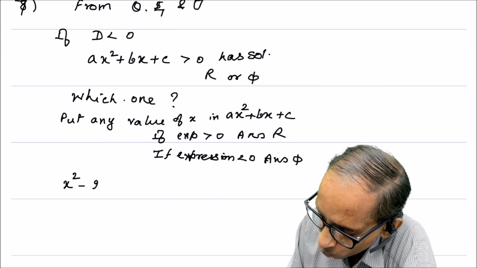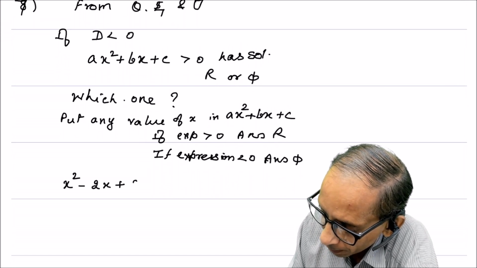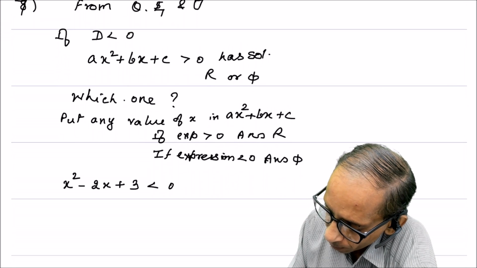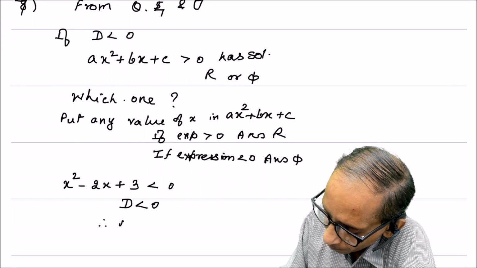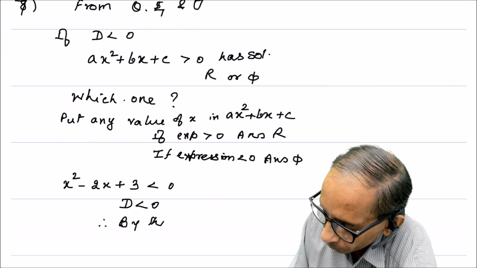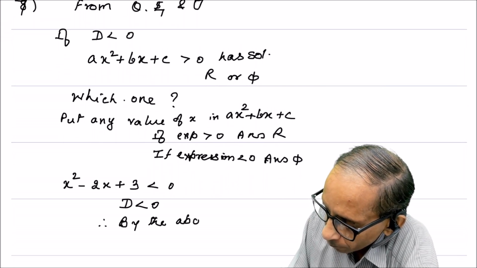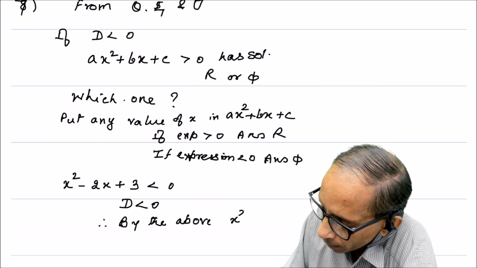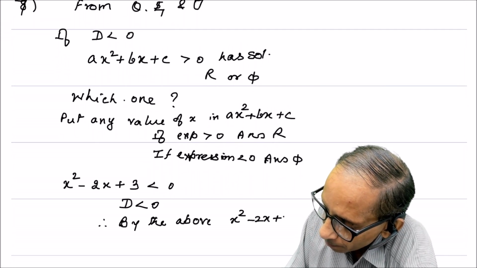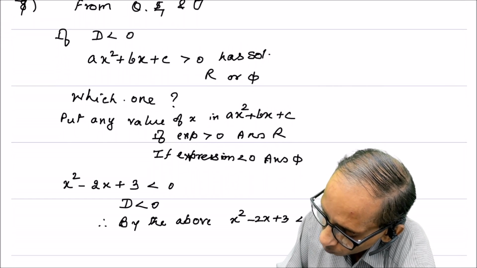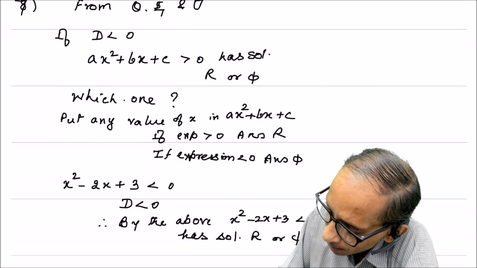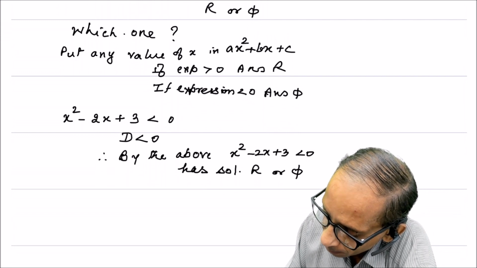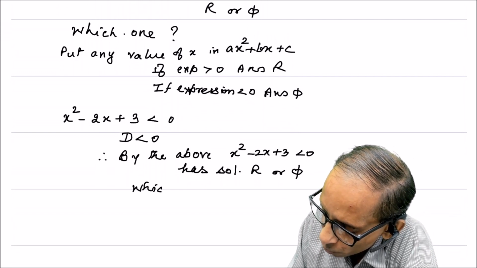X square minus 2x plus 3 less than 0. We found that d is negative. Therefore, by the above, x square minus 2x plus 3 less than 0 has solution all reals or else empty set. Which one? That is the question.